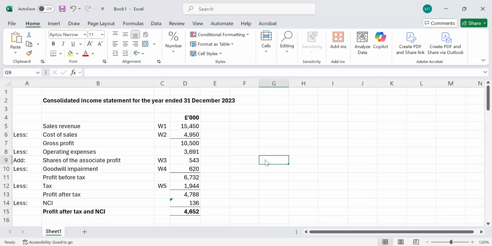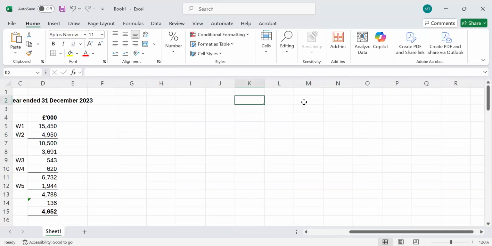Okay, now I'm going to continue so that you will see how we prepare the statement of financial position, also known as the balance sheet. Right. So I'm going to prepare here. Now, a balance sheet is prepared as at a specific date because it's a snapshot. Things will change if you were to prepare on the next day.